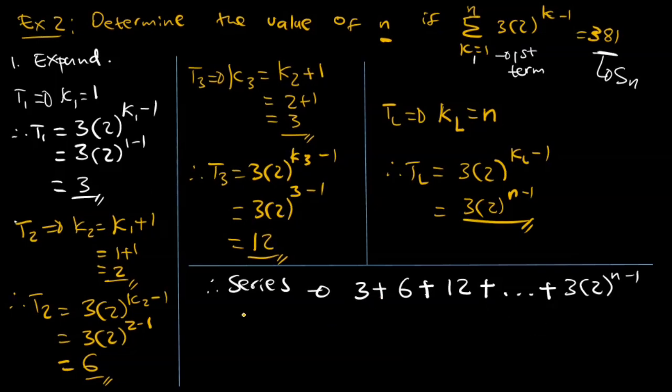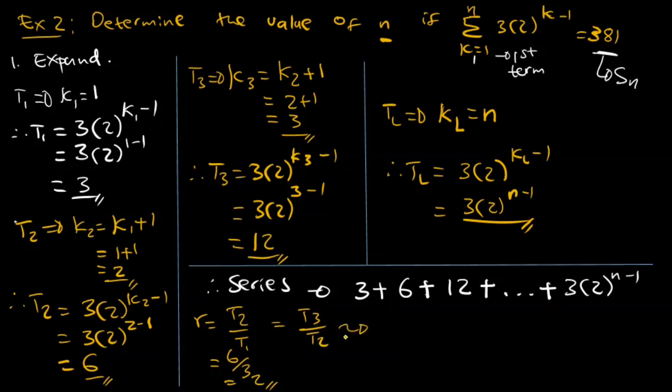Now, let's check if it's a geometric series. So T2 over T1, and T3 over T2. T2 over T1 is 6 over 3, and this gives me a 2.